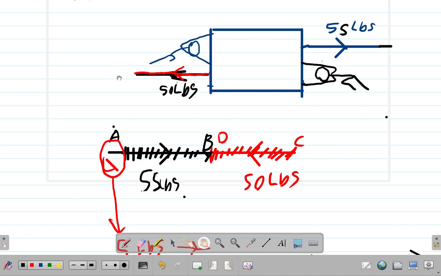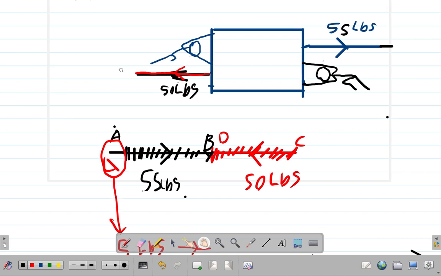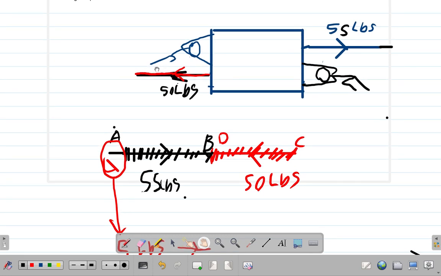If your friend was pushing with more force, say 60, then the table would move in your opponent's direction. But that would require that they push with a greater force than you to overcome you. But you are pushing now with a greater force than they. They are pushing with 50 pounds to the left. You are pushing with 55 pounds to the right.